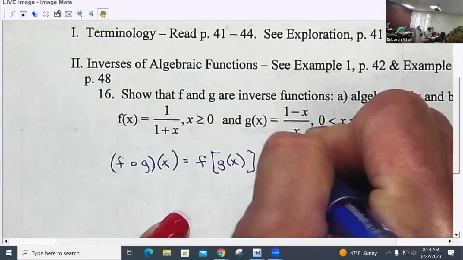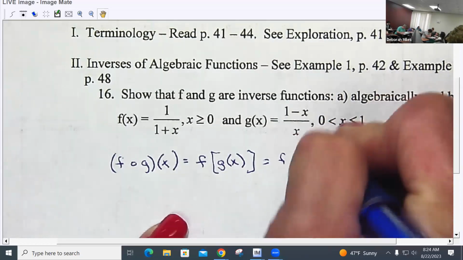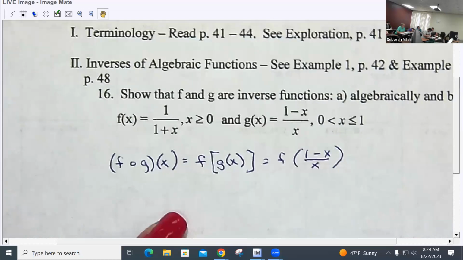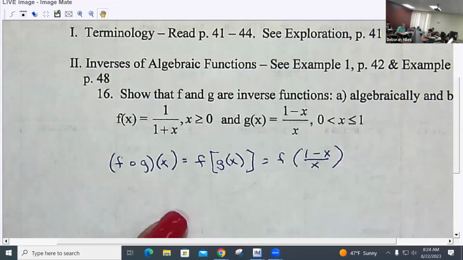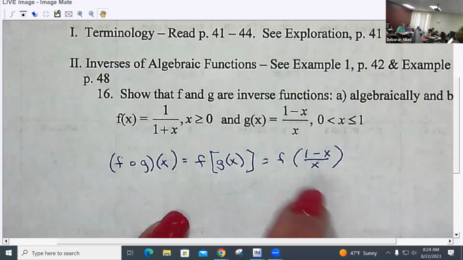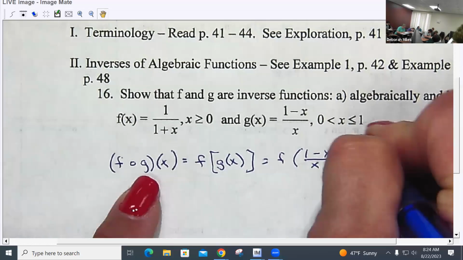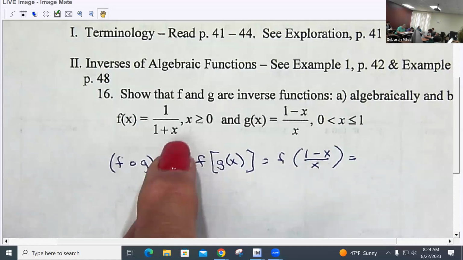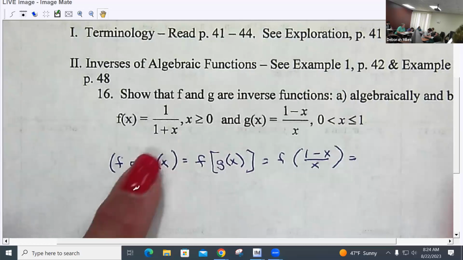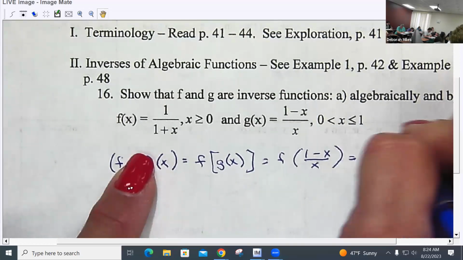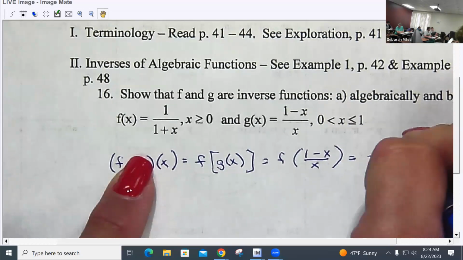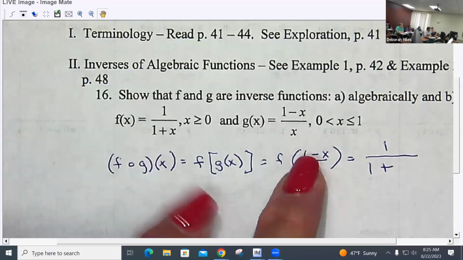G of x is 1 minus x over x. That's the expression that I'm going to put in place of this x right here. 1 over 1 plus whatever g of x was.